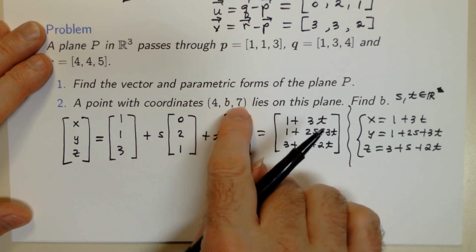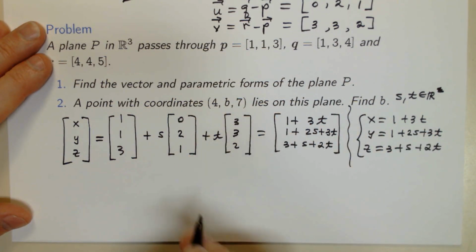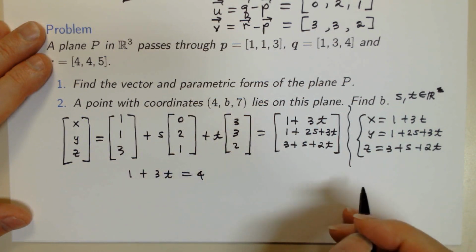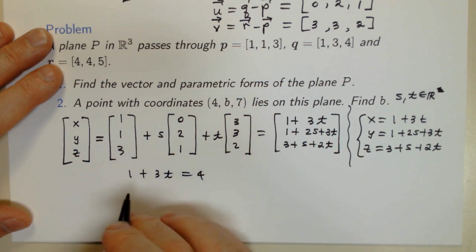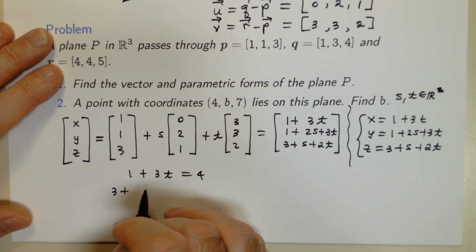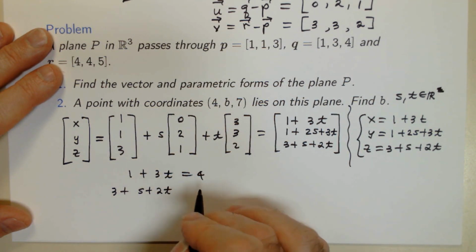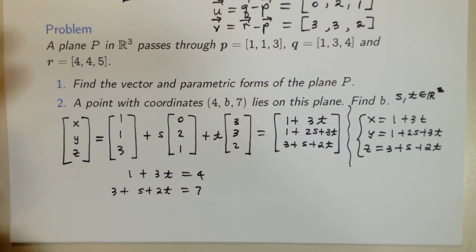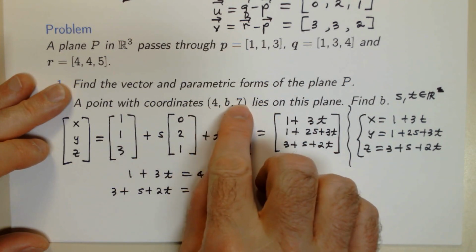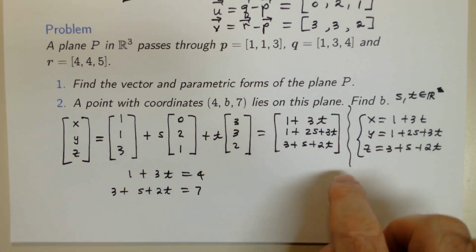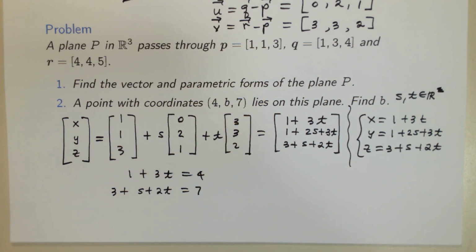For this point, we know that 1 plus 3t has to equal 4, and 3 plus s plus 2t has to equal 7. All right, that's dictated by knowing these coordinates and matching them up with these representations of x, y, and z in parametric form.